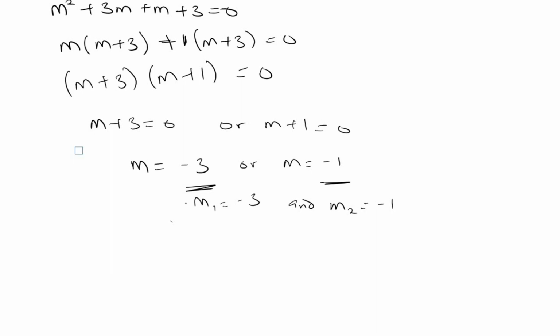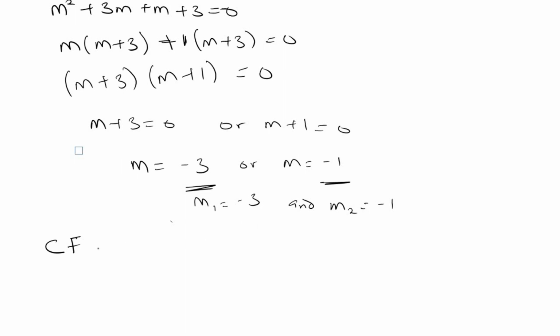So we can call this the complementary function. That's what we're going to write using these roots of the auxiliary equation. The complementary function has different ways of writing it, be it two distinct roots, double or equal roots, that means m1 is equal to m2, or imaginary roots.